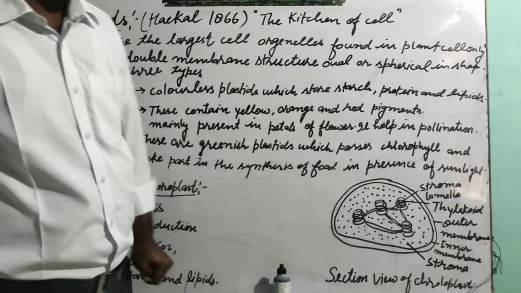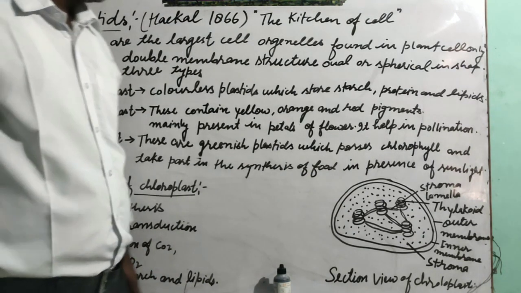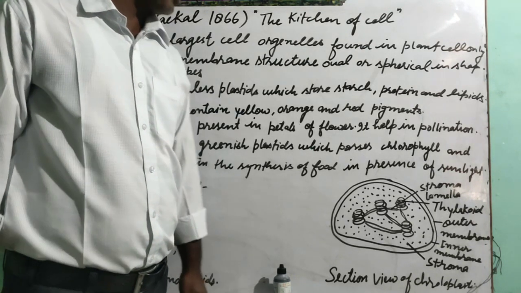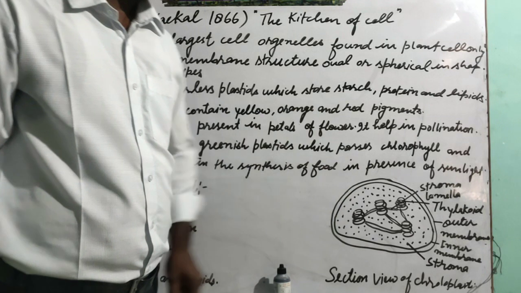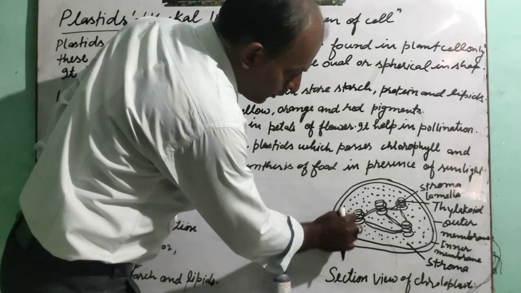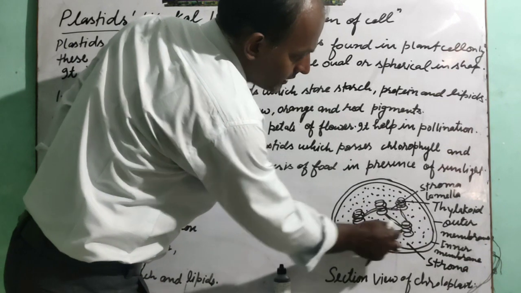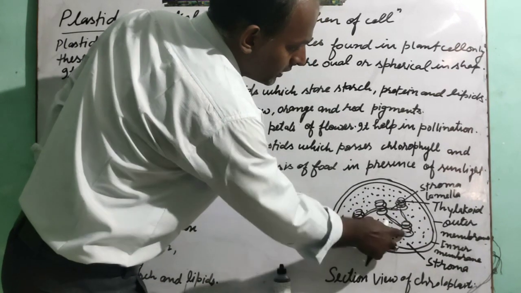And these thylakoids have quantasomes in which about 230 to 250 chlorophyll molecules are present, which help in photosynthesis. And students, you are seeing that all these thylakoids are connected with each other.